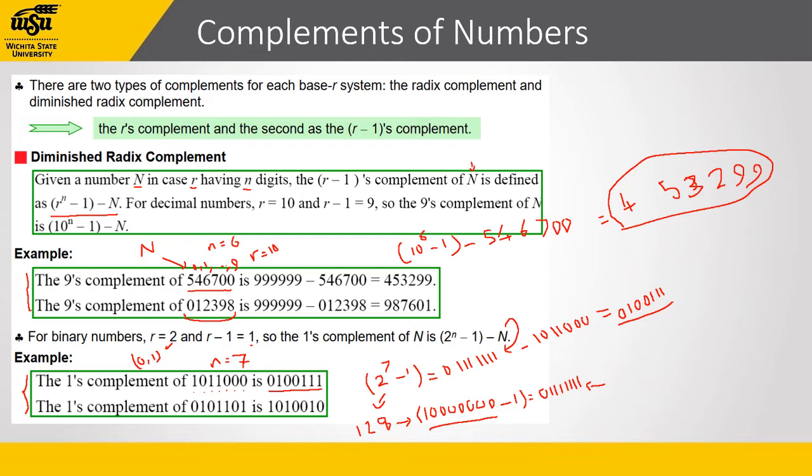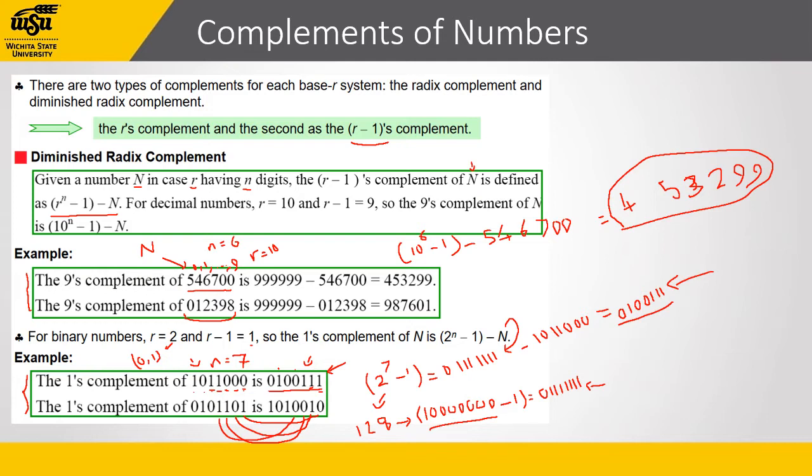If you look at the result, to find the R minus 1 complement of a binary number, the only thing you have to do is change 0s to 1 and change 1s to 0. This is the calculation and this is the equation that you can follow to get the same thing, but by just changing the 1s to 0 and 0s to 1, you can find it easier.